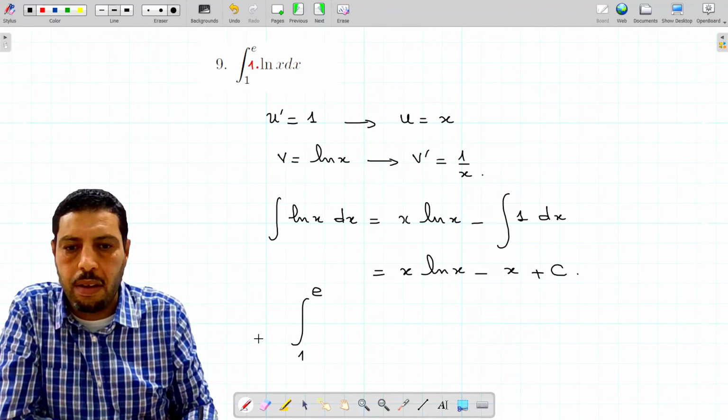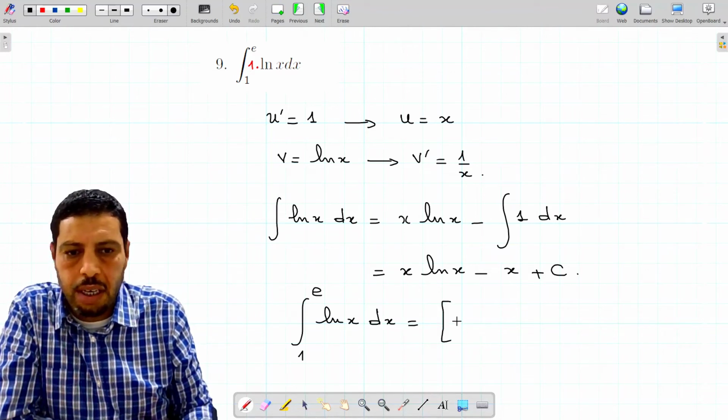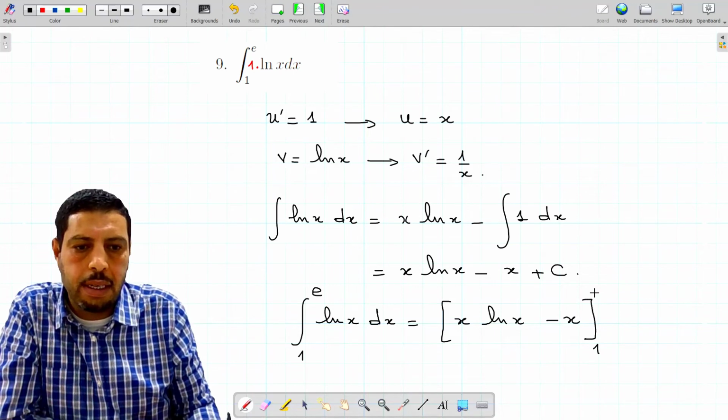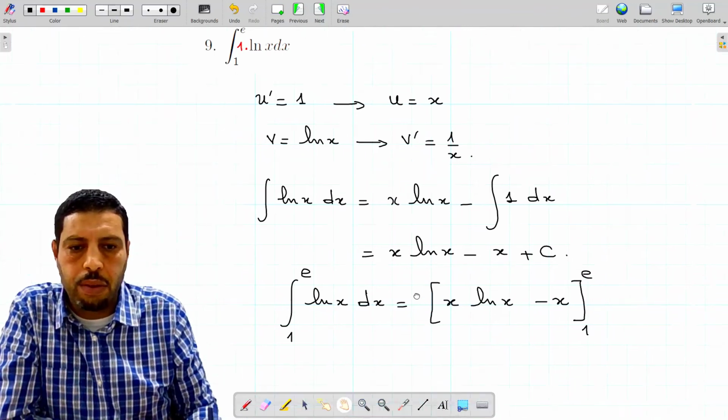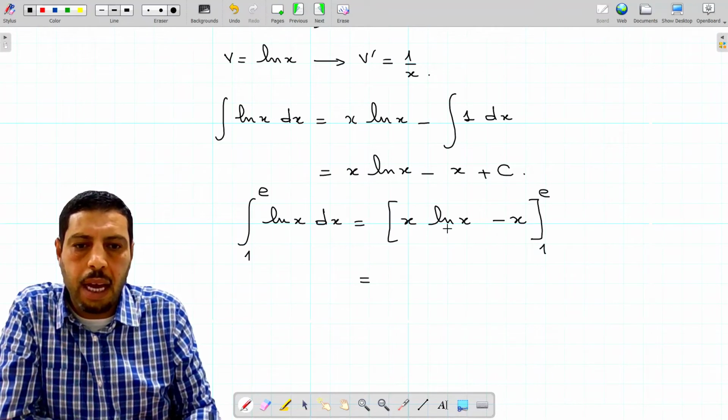So the integral between 1 and e of ln of x dx is equal to the function x ln of x minus x taken between 1 and e. So let's evaluate it at e. It gives e times ln of e.